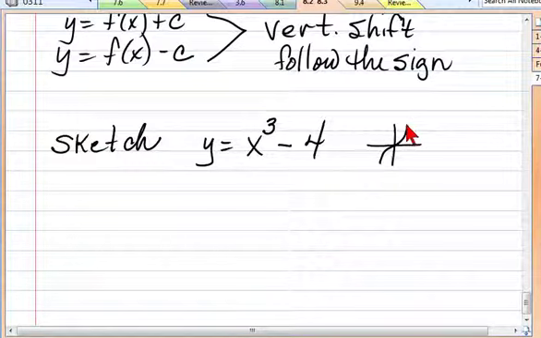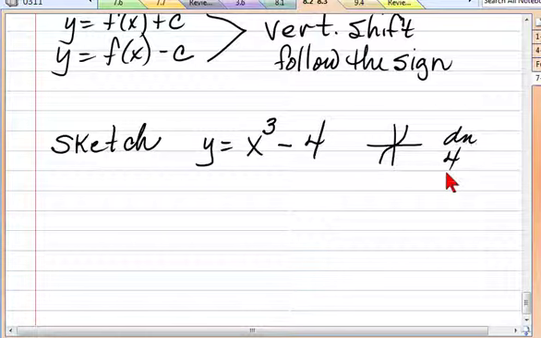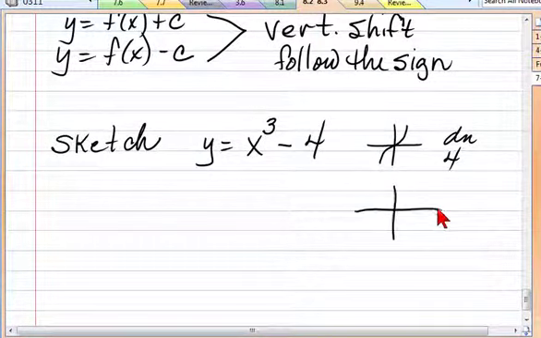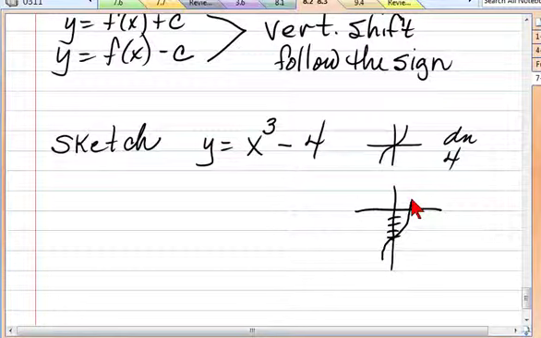It's the wiggle, kind of wiggles like that. And what does this minus 4 tell you? It is down 4, because it wasn't inside parentheses. So the graph of it would wiggle through here instead.